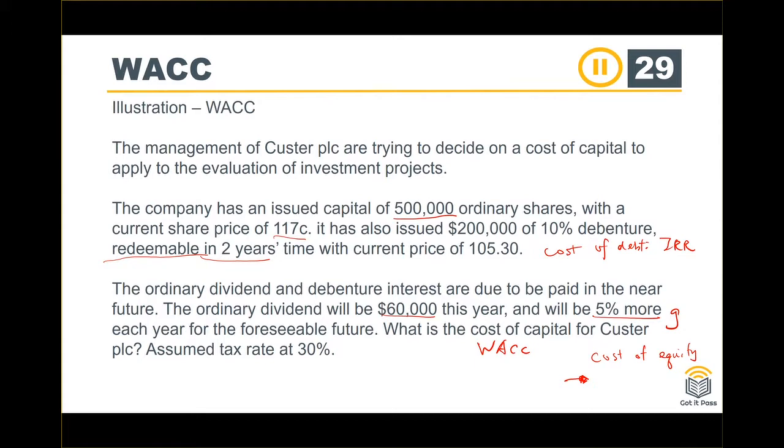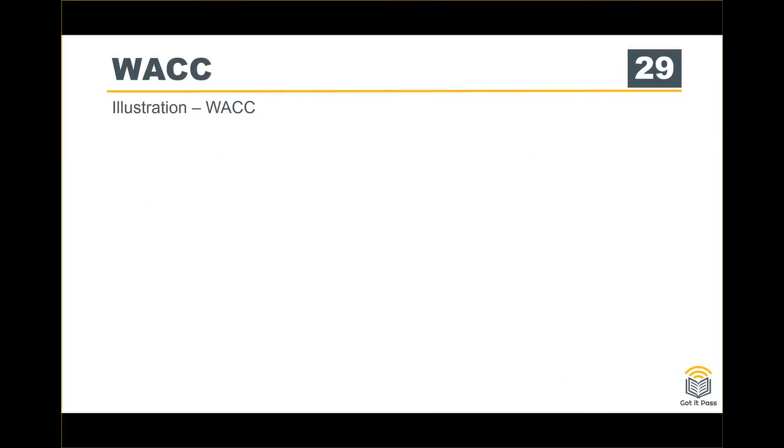So you can adopt the dividend growth model or dividend valuation model. Identify which formula you have to apply, check the formula sheet, and then work it out in your working. So here we share with you how to get it done.